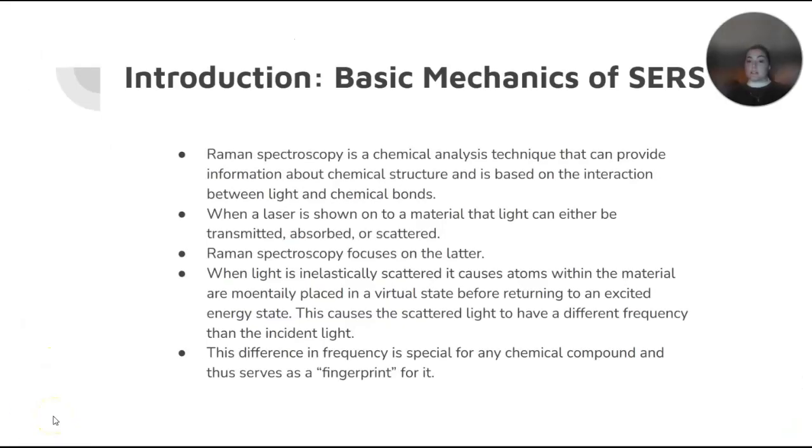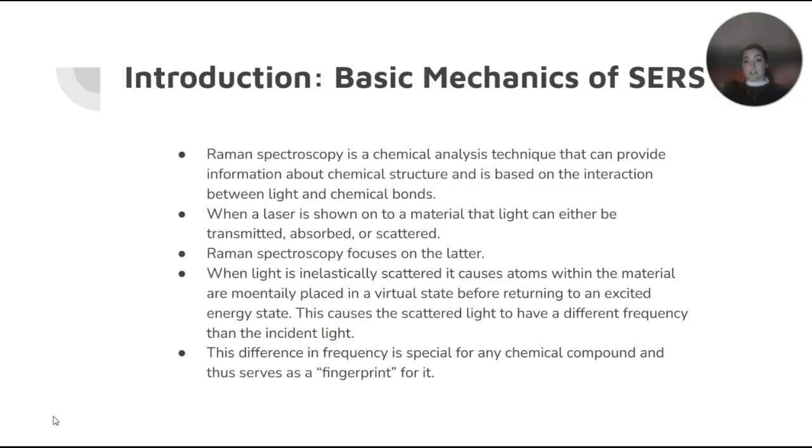Okay, for the basics of Raman spectroscopy and surface-enhanced Raman spectroscopy, we're going to first try and understand briefly what the main idea of Raman spectroscopy is. It is a chemical analysis technique that combines the interaction between light and chemical bonds and uses it to detect different chemical makeup.